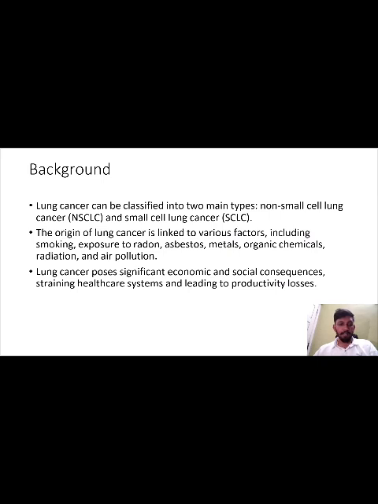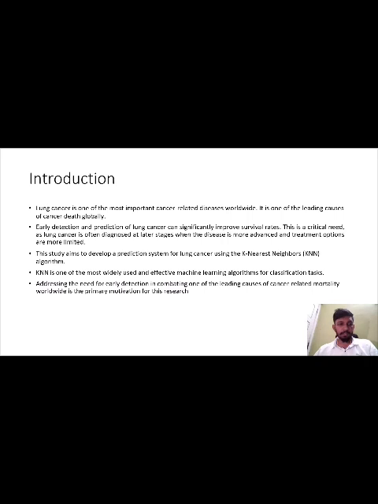The occurrence of lung cancer is linked to various factors, including smoking, exposure to metals, organic chemicals, radiation, and air pollution. Lung cancer poses significant economic and social strain, burdening health care systems and leading to productivity losses.